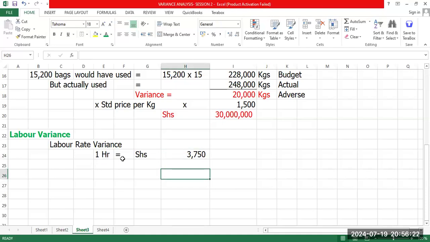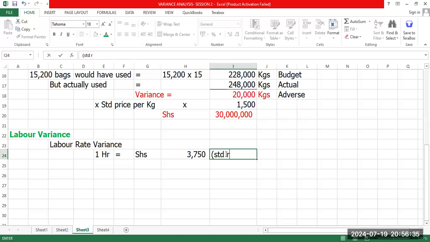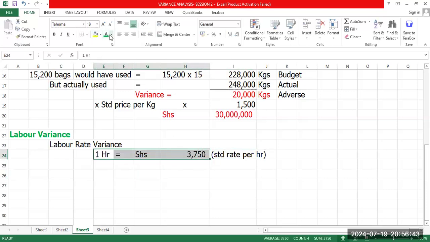So this is the amount of money they are planning to pay on every hour. This is like the standard rate per hour. Once you get this, life becomes very easy.